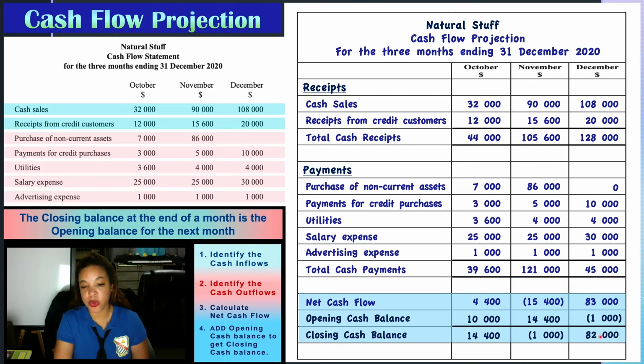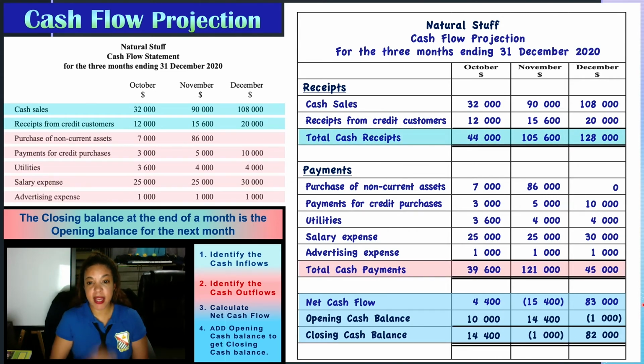And that will give you a closing cash balance of $82,000. So at the end of the quarter, this is your closing figure. So we can just put our double lines there, and this is what it looks like, all colorful.